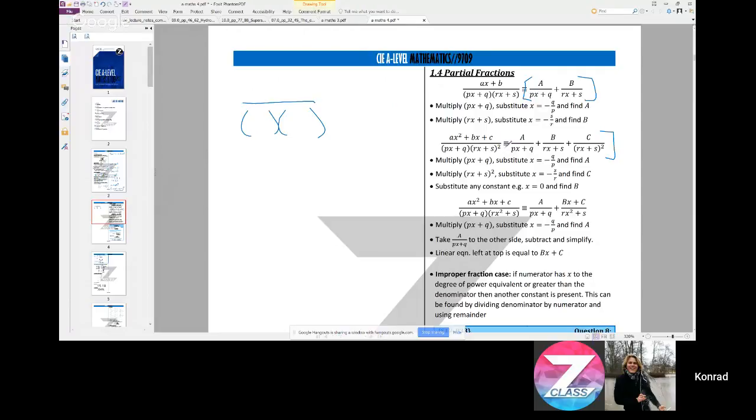The addendum to that rule is that if you have a squared factor, so for instance, if you've got x plus 1 squared as one of your factors on the bottom, then you put in as possible fractions both the factor on its own and the factor squared.